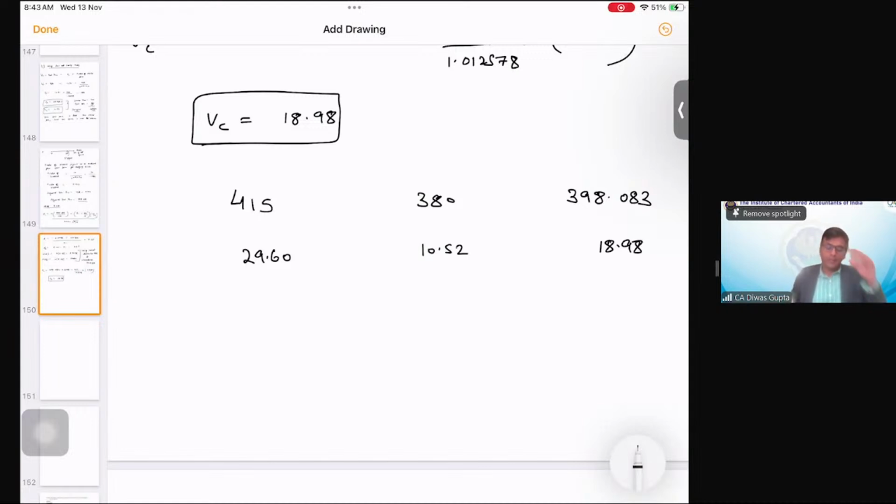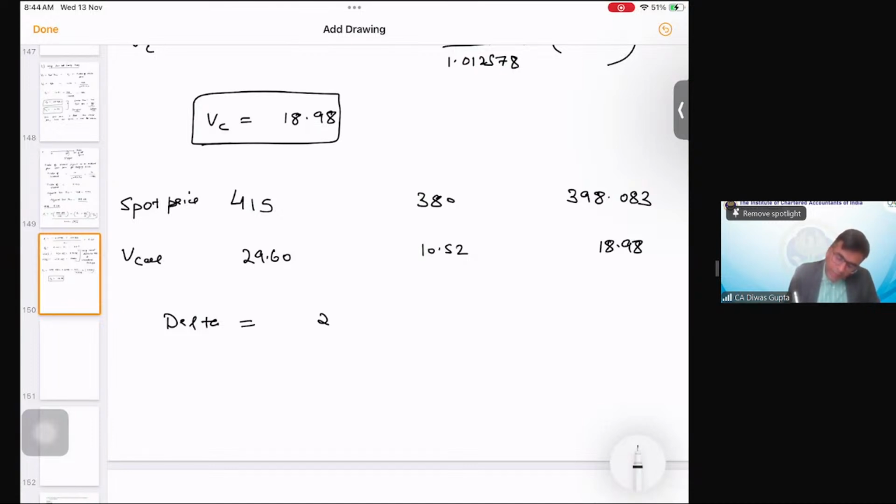Correct? This is the spot price and this is the value of call option. Now in this, there is a term called delta, which measures the change in the premium because of the change in the spot price.